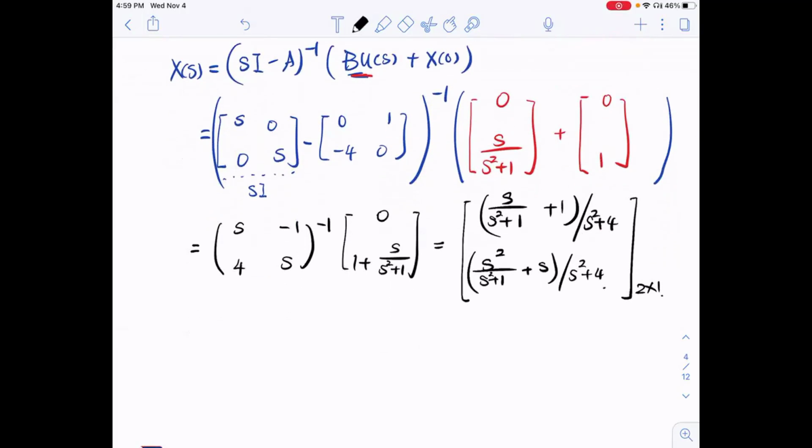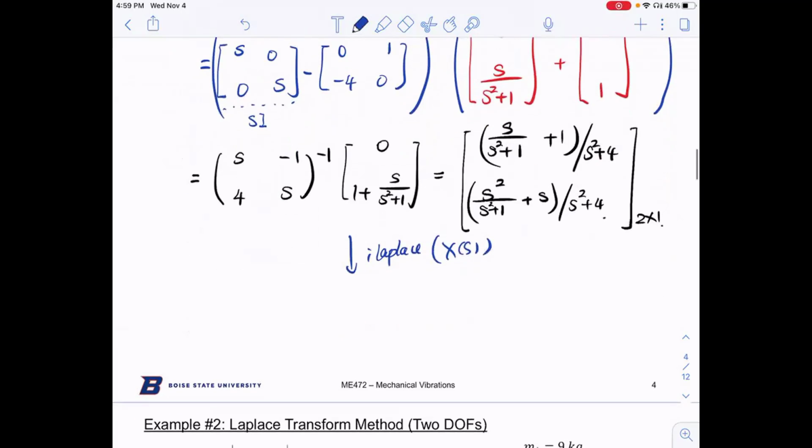Then you can do Laplace transform, or inverse Laplace, I Laplace, for Y(s). And then you can get your time domain solution. As you can imagine, you're going to have two components, because your Y(s) is 2 by 1.